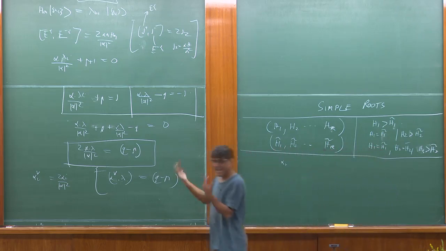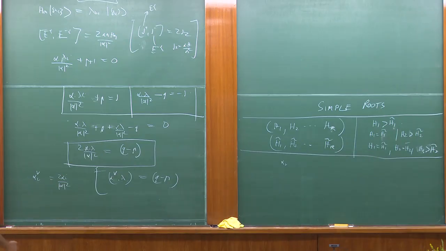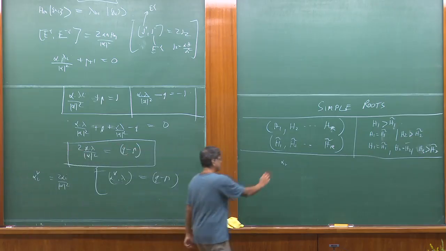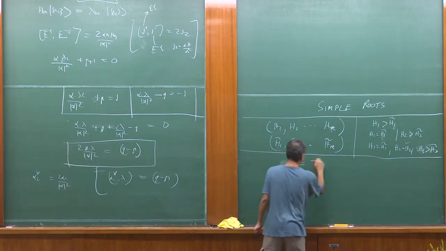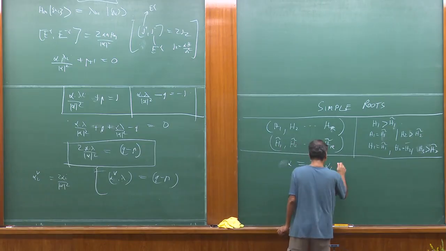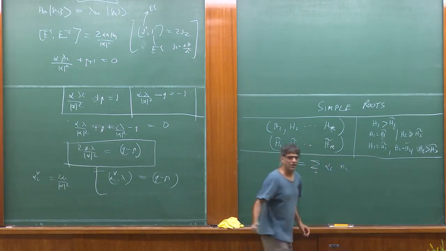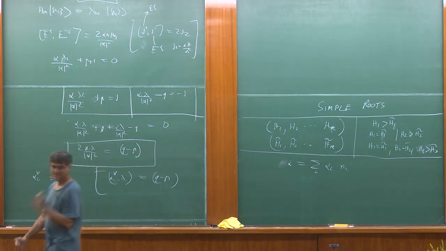And then of course there are the daggers of these, which are negative linear combinations of the simple roots. So a general root is the sum over i of alpha_i m_i, where m_i is some integer, and i runs from 1 to r.